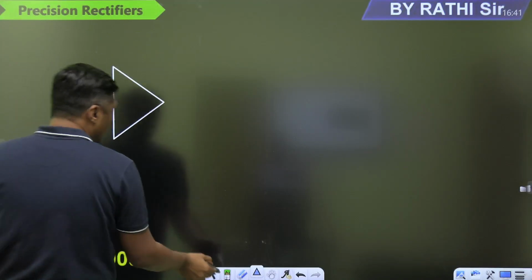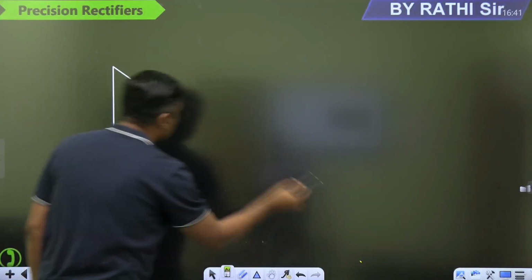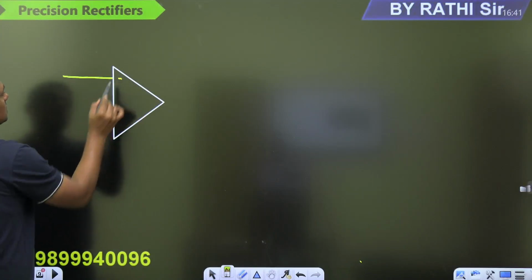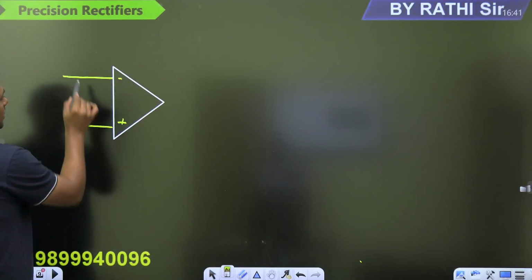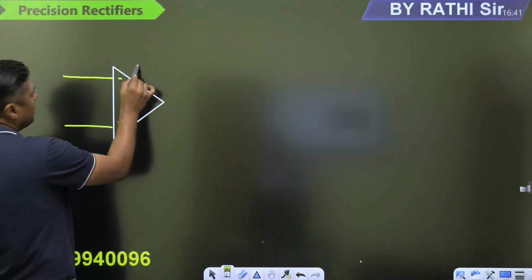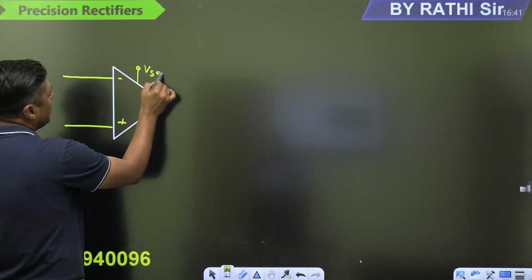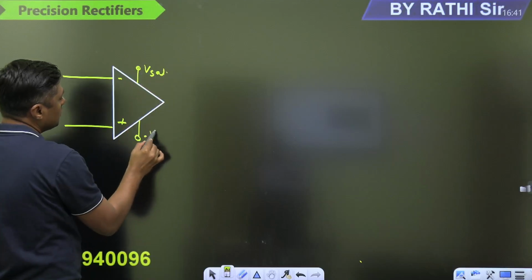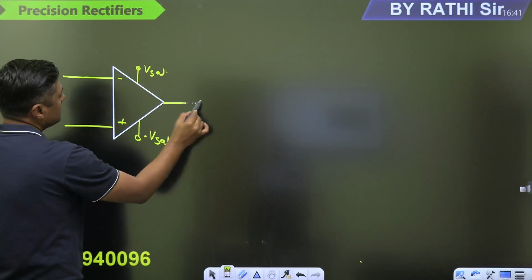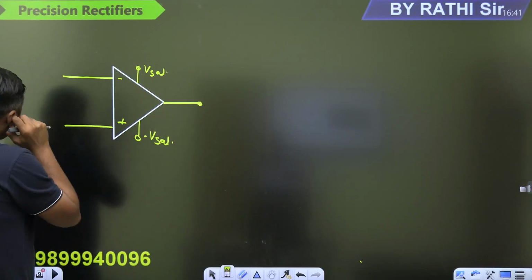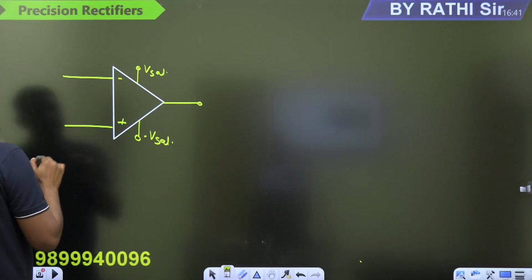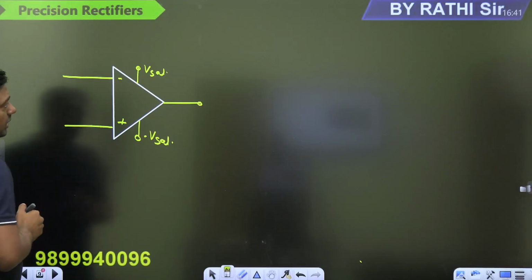This is the operational amplifier. This is the negative terminal and the positive terminal, the inverting and non-inverting terminals. Here we are giving the supply, plus Vcc and minus Vcc, plus 15 and minus 15, and then this is the operational amplifier, guys, with inverting and non-inverting terminals.